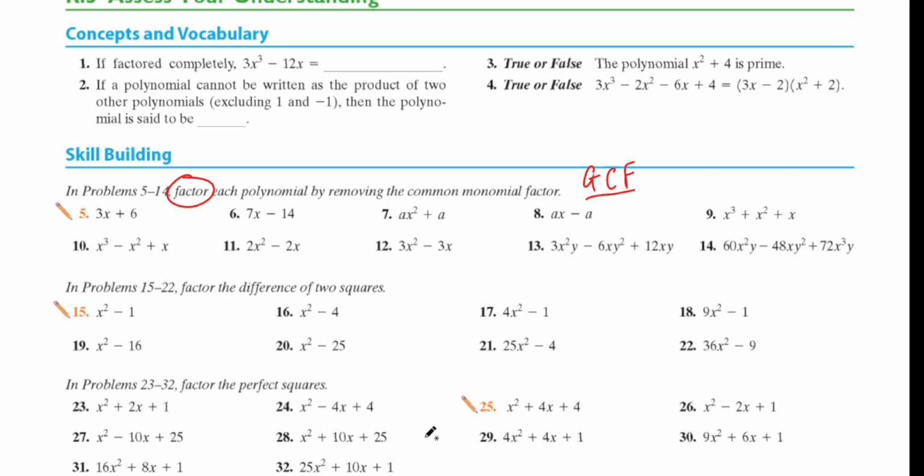Factor it by doing the perfect squares. I'm going to teach you all that stuff, okay? But on the test and quiz, it'll probably just say to factor. Right now, they're just trying to get you to realize, oh, I'm doing difference of 2 squares for these. But you've got to keep it all straight in your mind on a quiz or a test. So I'm not going to tell you specifically how to factor it, right? You just have to know the method on that particular problem.